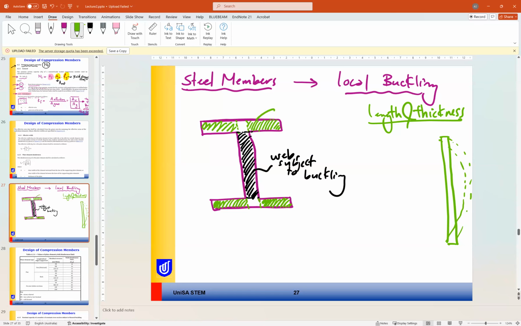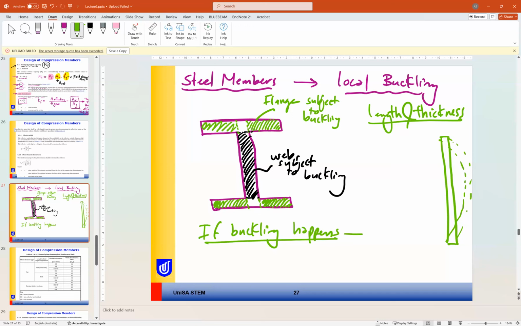The parts of the flange in green are subjected to buckling if they exceed certain limits. And if buckling happens, the location that has buckling will not reach yielding.